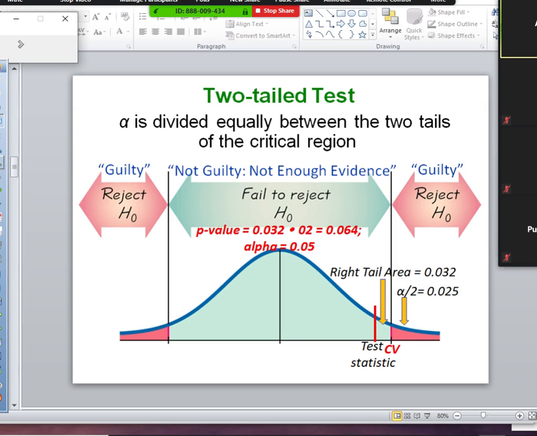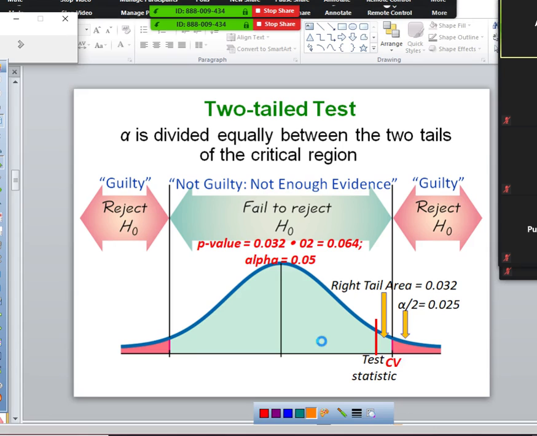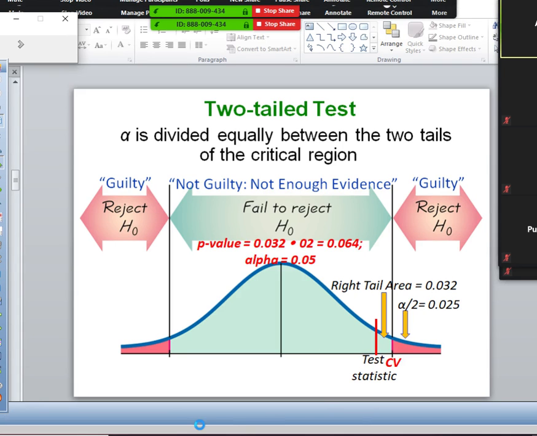And then we have the two-tailed test, which is a little more complicated because we have alpha in the left and the right tail. So my alpha is split, half over here and half on the other side. So I'm just looking at this part here. This is 0.32%, sorry, 3.2%. So we think that would be unusual, but it's not fair to compare this amount to all of alpha because alpha is split in half.